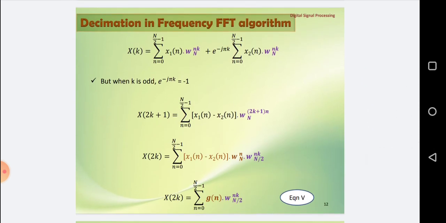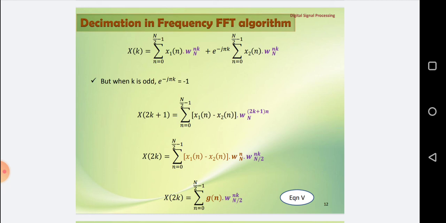So for the value of k odd, e raised to minus j pi k equals minus 1. Therefore, x of 2k plus 1, which represents the value of k odd, equals summation n equals 0 to n by 2 minus 1 x1 of n minus x2 of n omega n of 2k plus 1 into n.